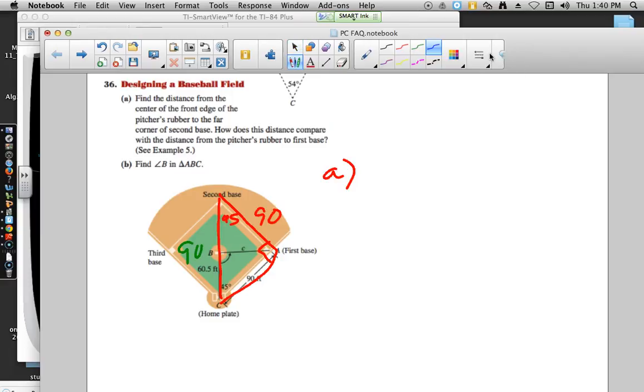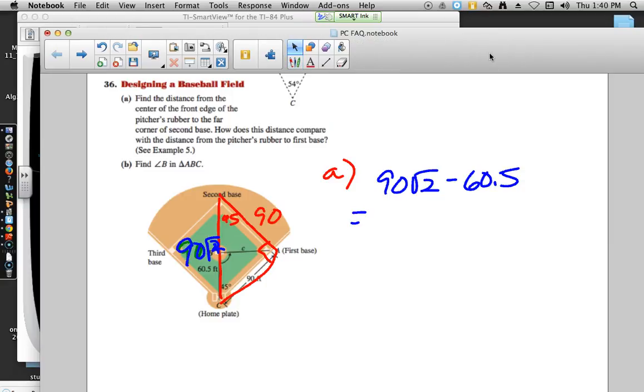then this, being a 45-45-90, would be 90 square roots of 2, because to go from side length to the hypotenuse in a 45-45-90, what you need to do is multiply by the square root of 2. So we could take 90 square roots of 2 and subtract 60.5, and we can get the distance that they want us to look at.